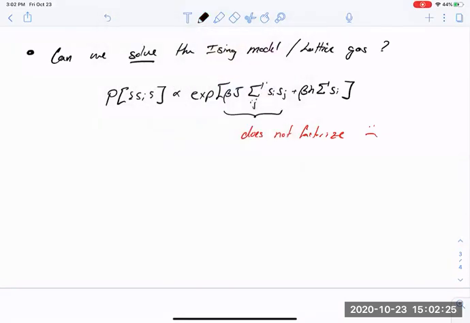Indeed, one can see that very clearly by writing down the probability of observing, say, spin 1 in some specific state, which is proportional to the energy of spin 1, which is beta J spin 1 times a sum over its neighbors.